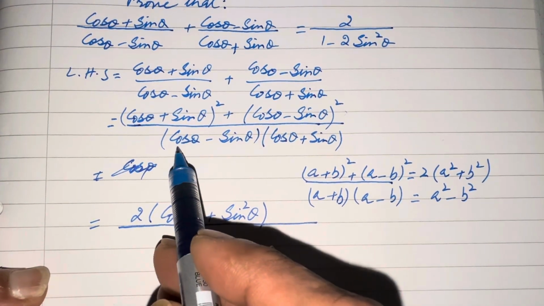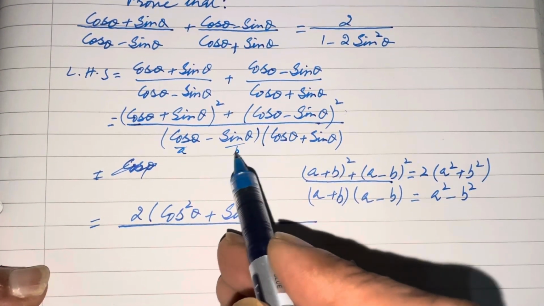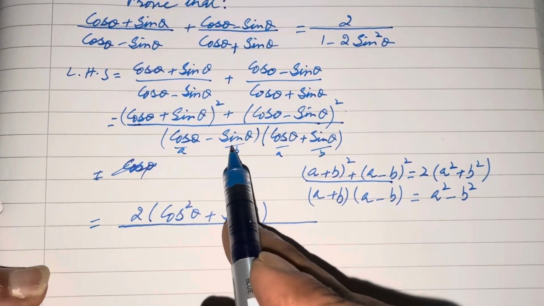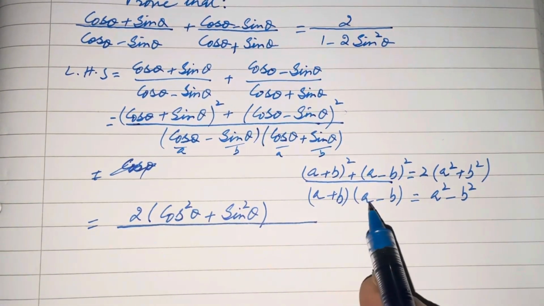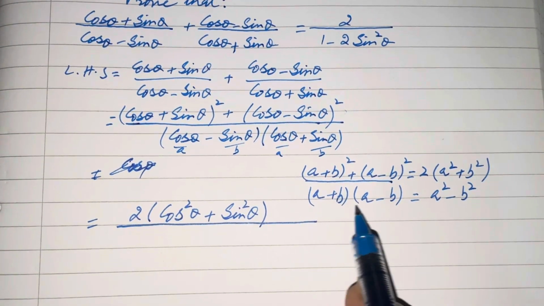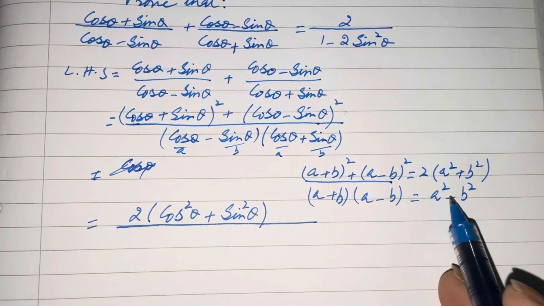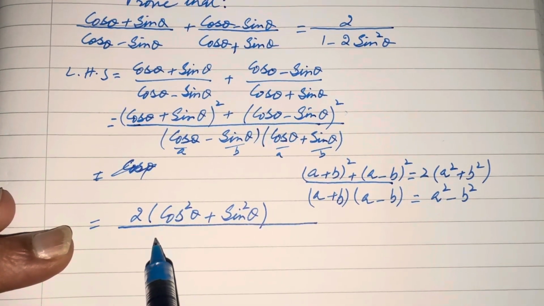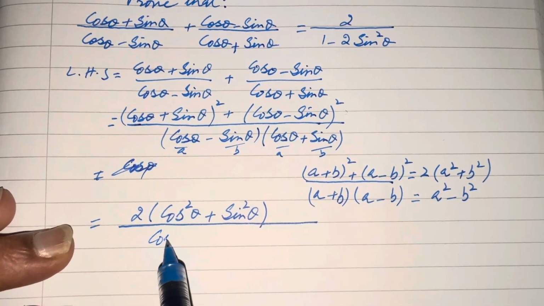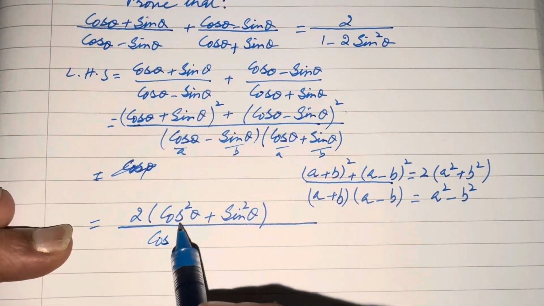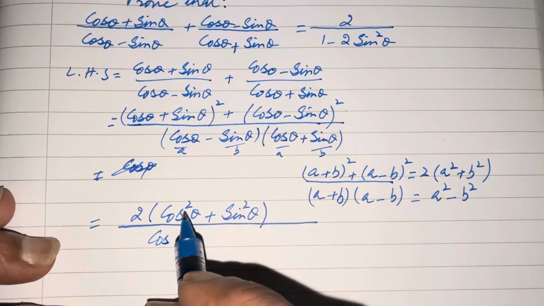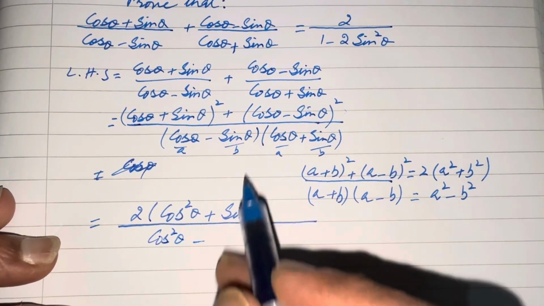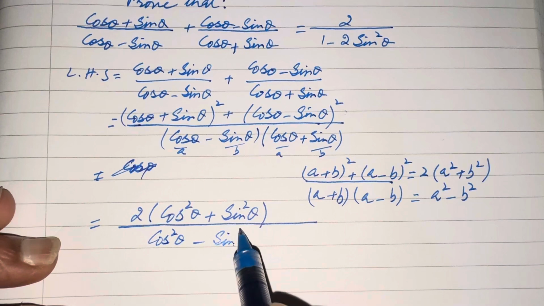If we say that this one is a, this one is b, this one is a, this one is b, so a plus b into a minus b always equals square of first minus square of second. So we can write this expression as square of first cos square theta minus square of second sine square theta.